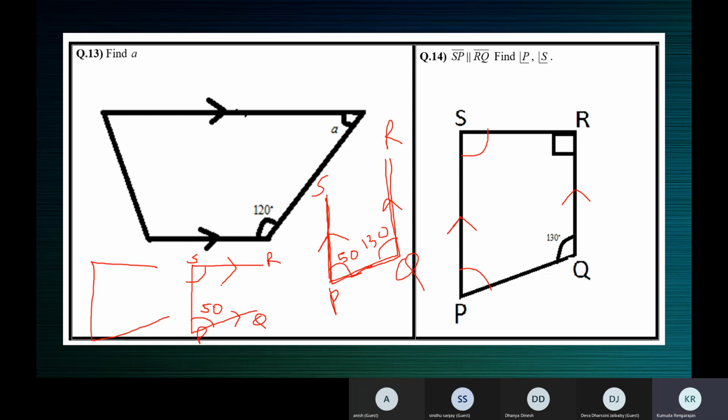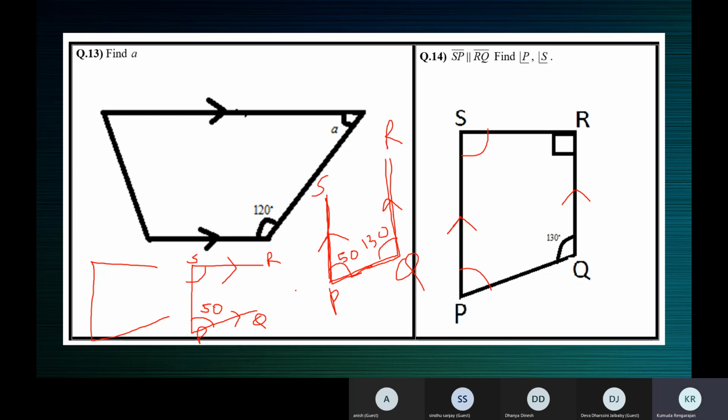But now, SR is not parallel to PQ. It's not given and it is not parallel also. We are given only SP is parallel to RQ. So they are allied angles, but they are not supplementary. So you cannot find S using the concept of allied angles.